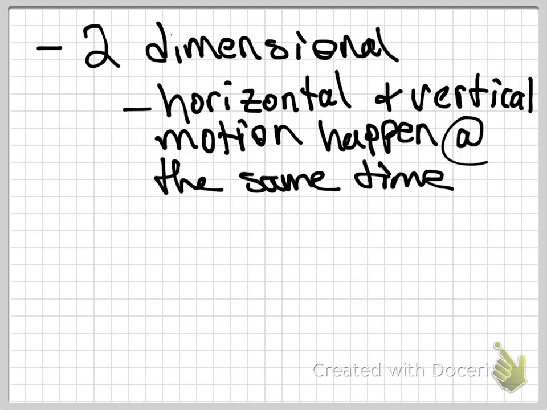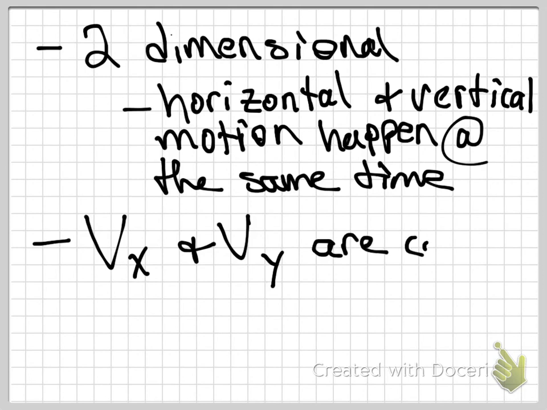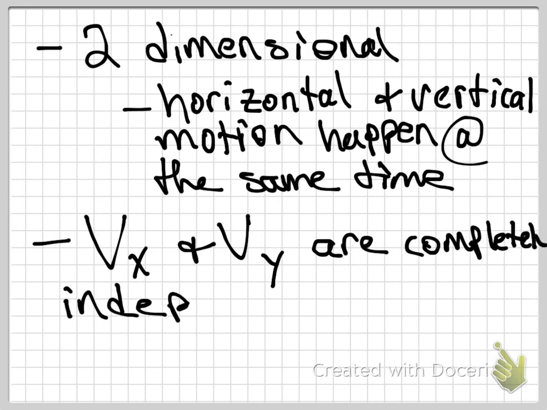The key concept here is that Vx, horizontal velocity, and Vy, those two are completely independent.